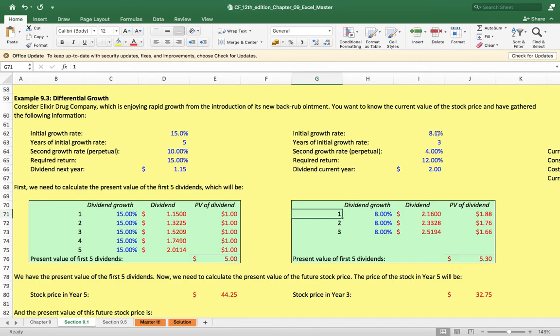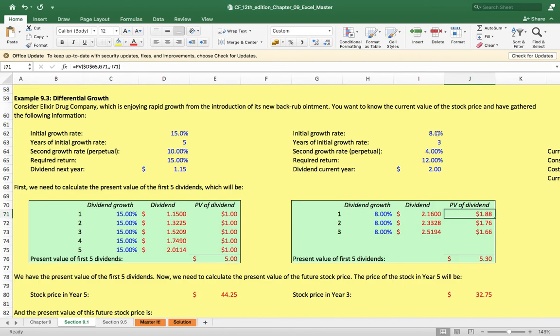Then it will become a perpetuity, D1 over R minus G. No need to calculate. So first 3 years growth is 8%. Then what will be the dividend of first year? Current dividend $2 multiplied by 1 plus growth is equal to 2.16. That is the dividend D1, dividend of next year.